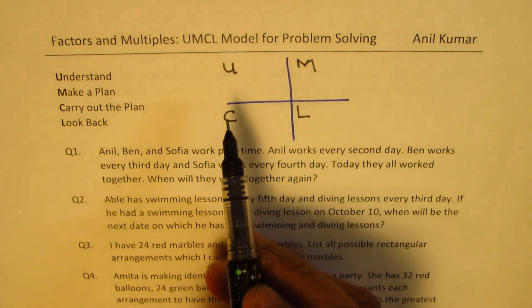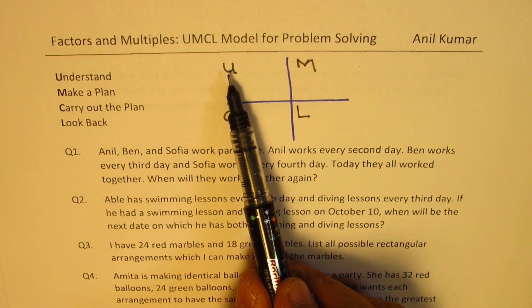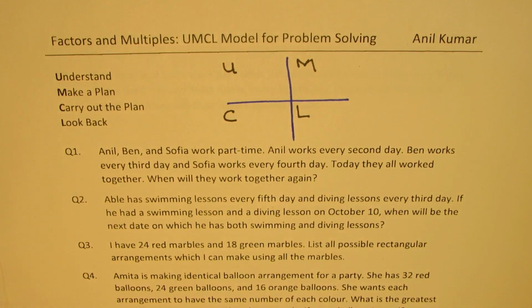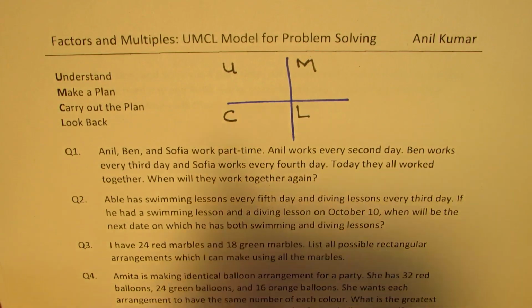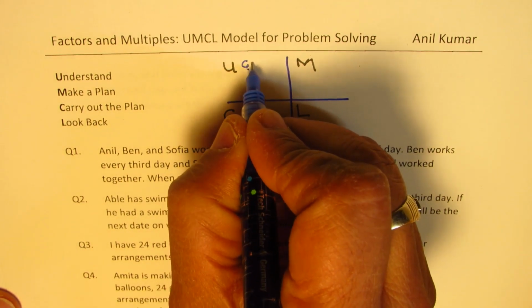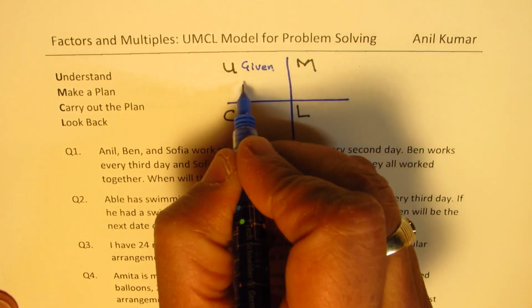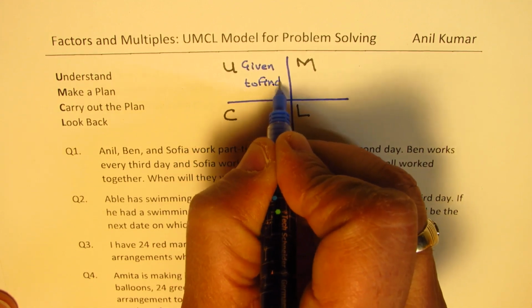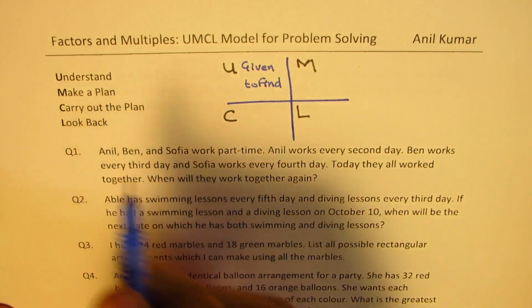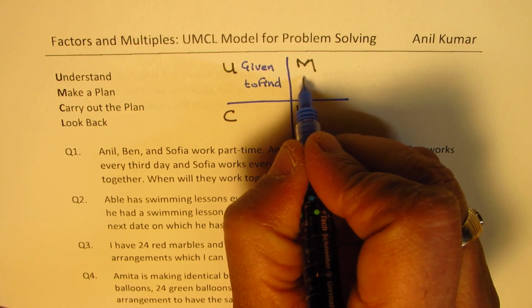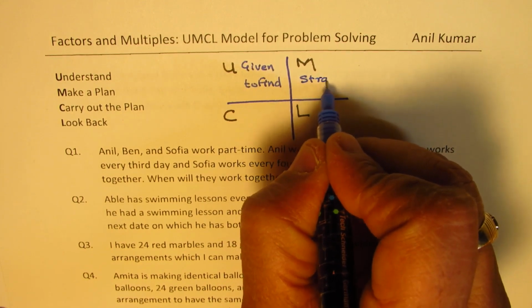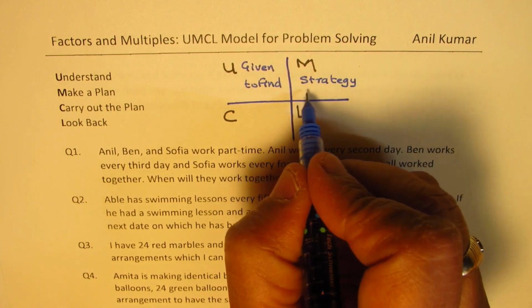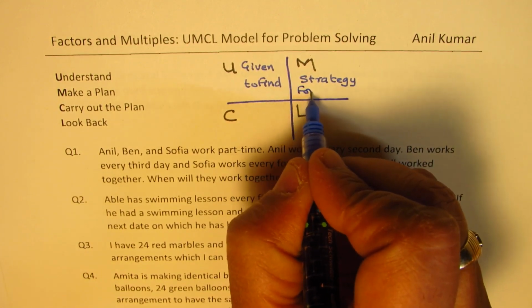When we are trying to understand the situation, we write what is given to us and what we need to find. When we want to make a plan, we are discussing a strategy or some basic formula.